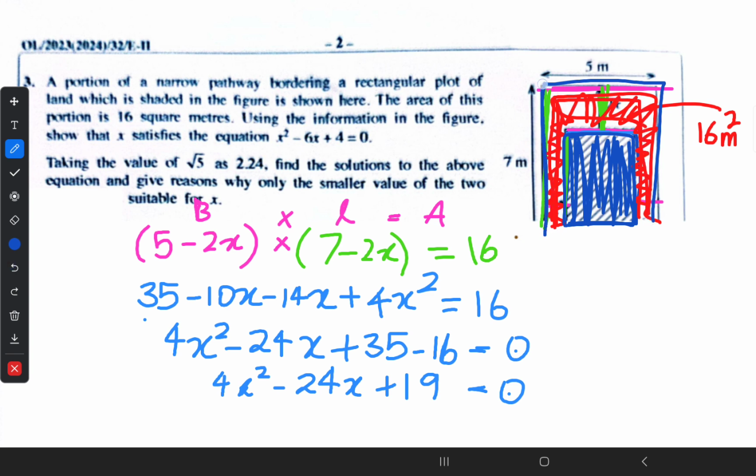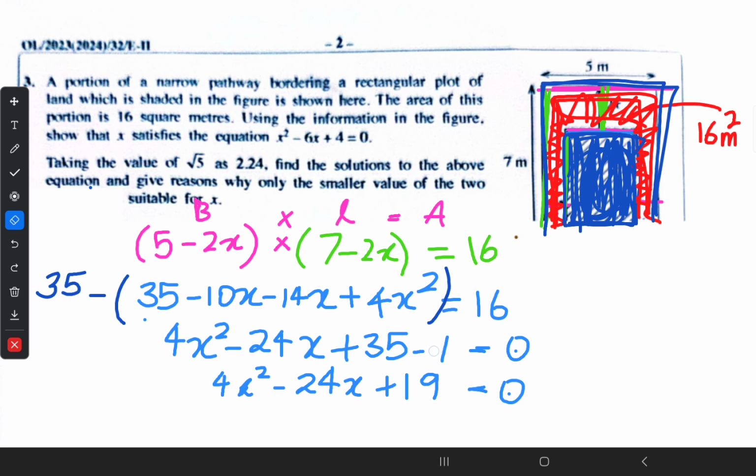The total area of the rectangle was 35 square meters. From that 35, when we subtract the interior shaded region's area, it should equal 16. The other calculations are almost the same, with only the constants differing.